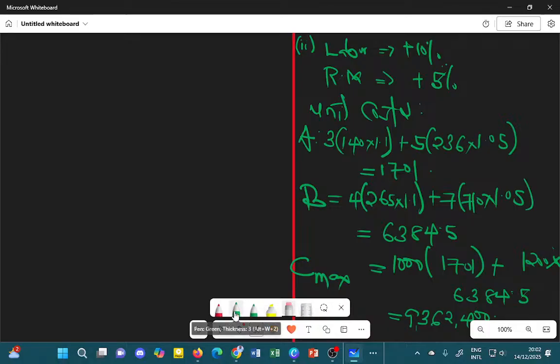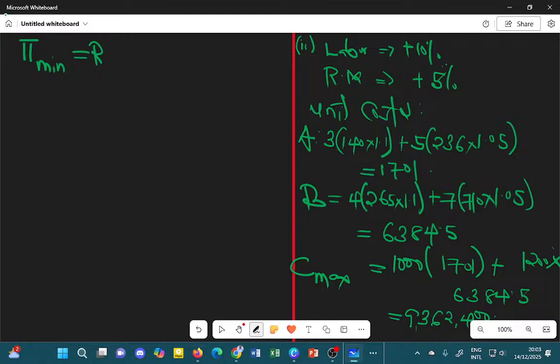So the expected minimum profit will be R minus Cmax, which is 11,606,800 minus 9,362,400.